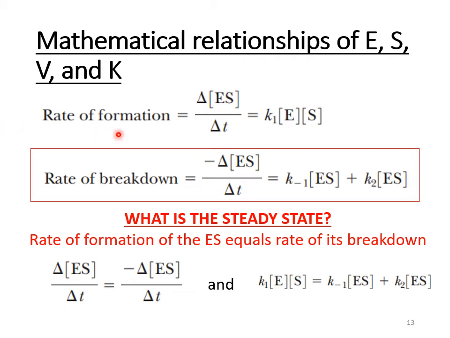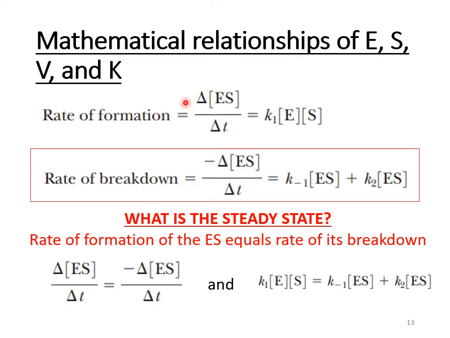So the first one that you see here in terms of the relationships is looking at the enzyme catalyzed reaction of formation, meaning forming the enzyme substrate complex. So you're seeing the binding of the enzyme to the substrate to form the complex, which is the ES, and that will then form the products ultimately.